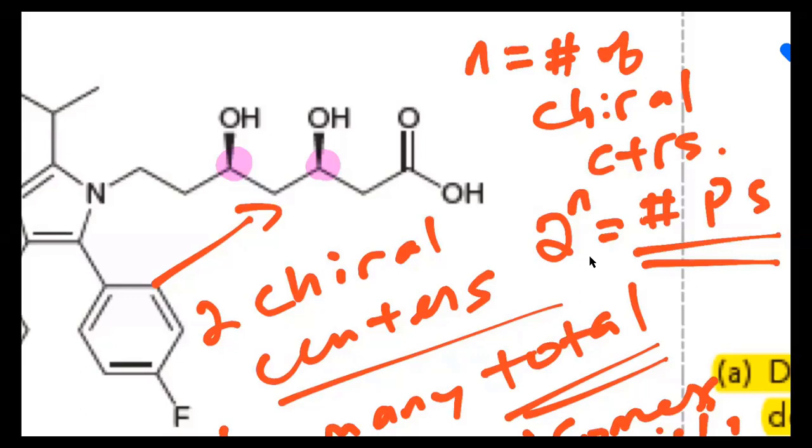Are we okay on that? So N equals the number of chiral centers, and 2 to the N will tell you how many stereoisomers are possible.